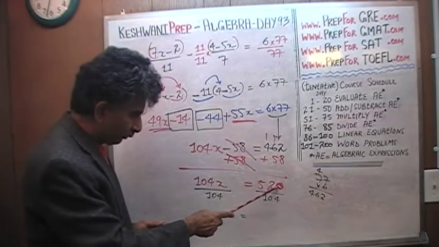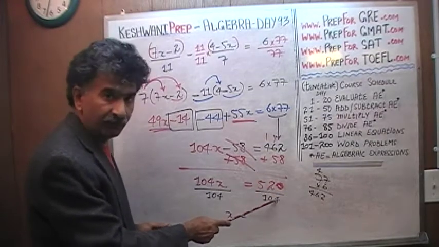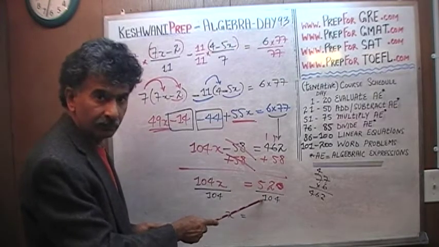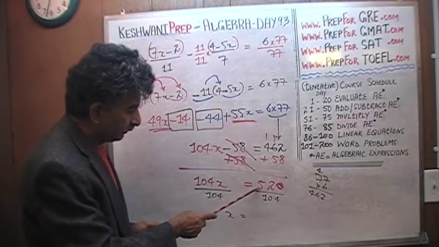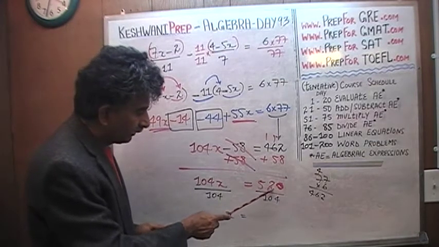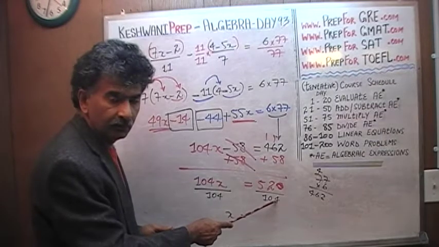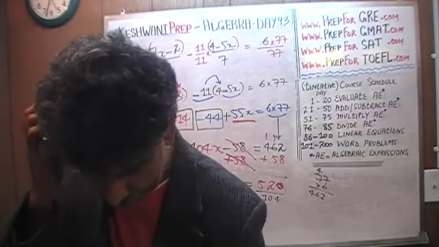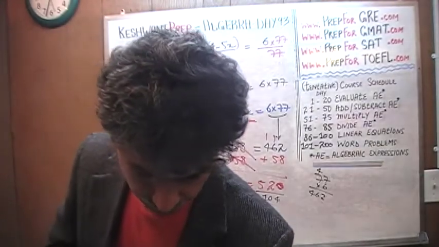So this 20 has 5 4s, and this 500 has 5 100s. So 500 divided by 100 is 5, and 20 divided by 4 is 5. So what do we get for the answer? It's just 5.